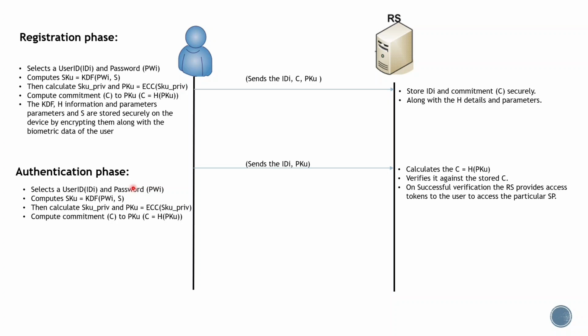And once he is done with that, he sends his user ID and the public key to the server. The server calculates the commitment again using that public key and verifies it against the stored commitment. And upon successful verification, the registration server provides the access tokens to the user to access the particular service provider. Now, this can also be integrated with single sign-on.